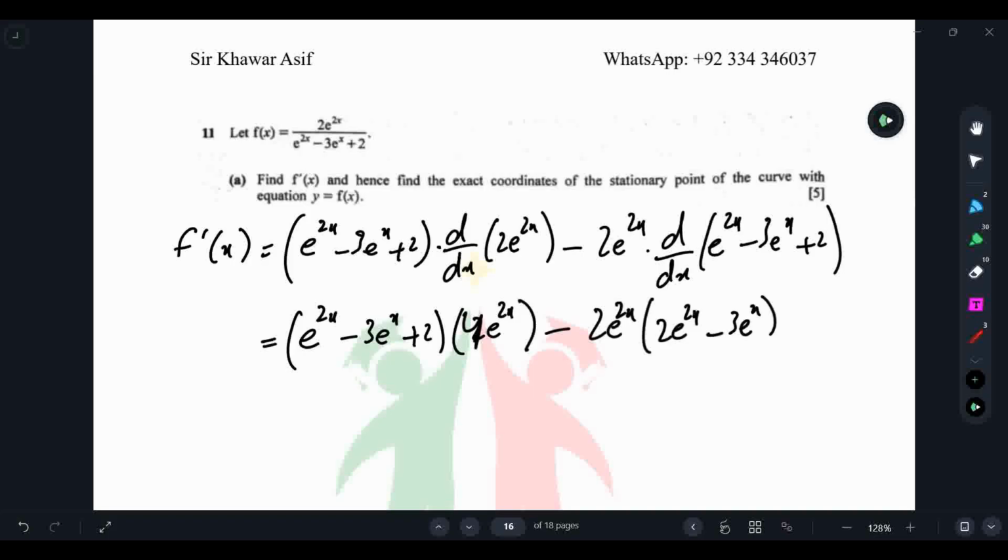Minus 2e power 2x into 2e power 2x minus 3e power x, and the derivative of 2 will be 0. And in the quotient rule, one thing is very important: you need to divide by the square of the first. So e power 2x minus 3e power x plus 2, whole squared.